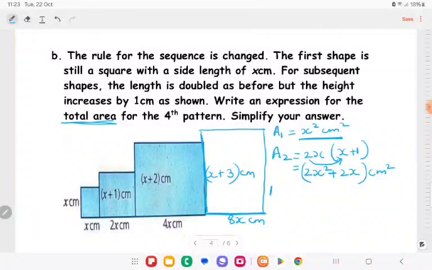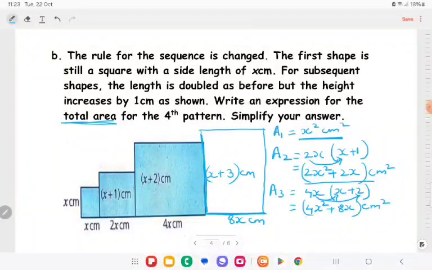The third one is going to be 4x into x plus 2, which is equal to 4x into x makes it 4x square, 4x into 2 makes it 8x, and this is centimeters square again.